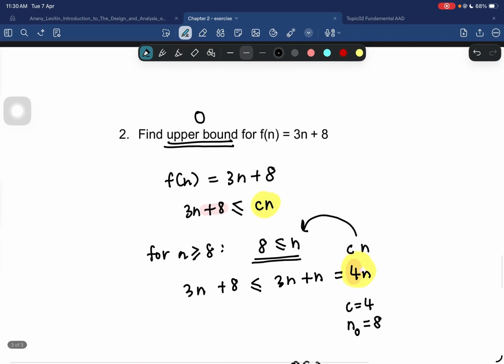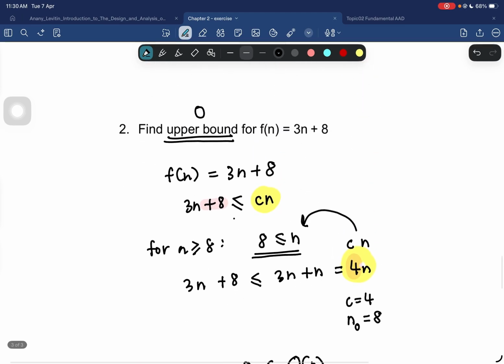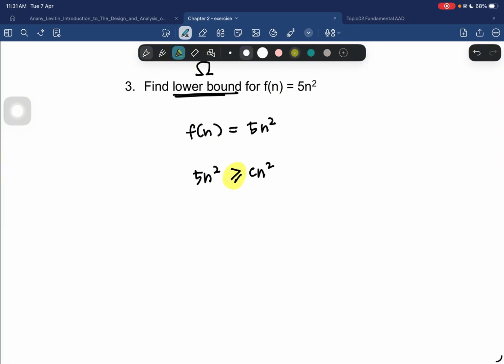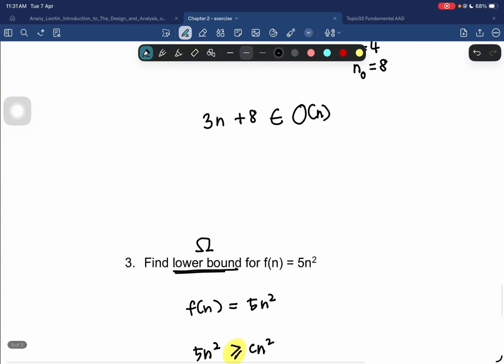Earlier with big O we used lower, but here it is faster because it is omega. We want to find the lower bound. So we can just compare between these two, because we can choose the constant from here, since we don't have any other constant like 8.